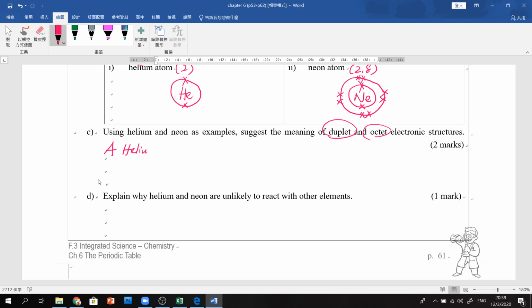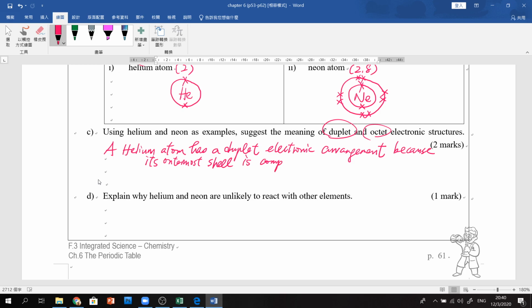A helium atom has a doublet electronic arrangement, because its outermost shell is completely filled with 2 electrons. Okay, 2 electrons in the outermost shell, doublet.